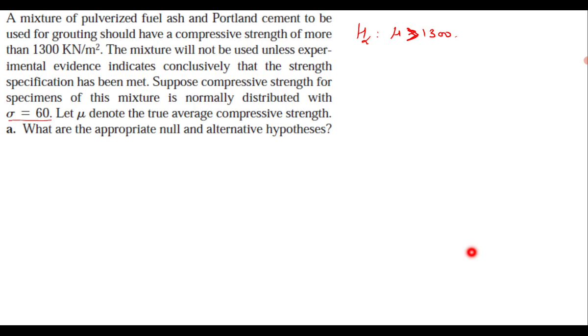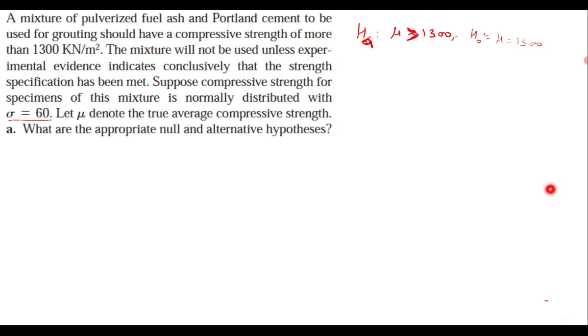So HA we have already discussed, because it's the research which says that this strength should be greater than 1300, then only we use it, which means that your H naught says that mu should be equal to 1300. Okay.